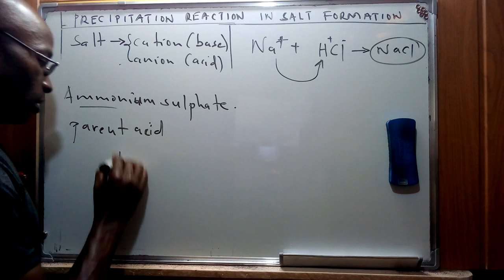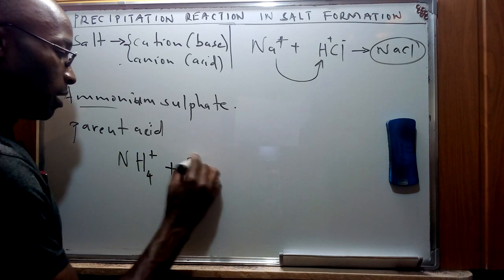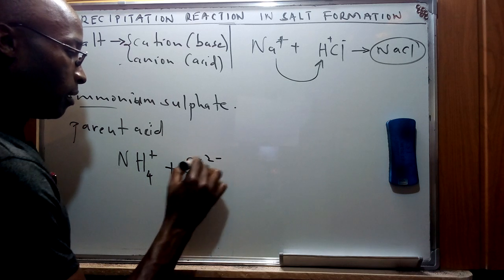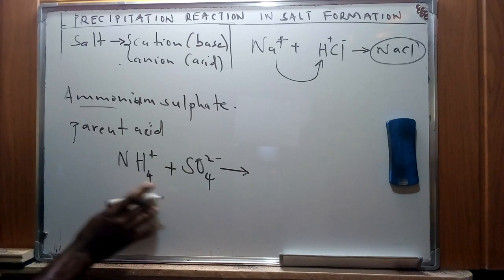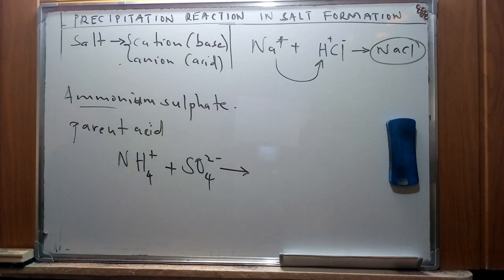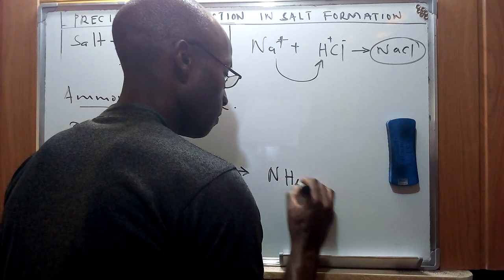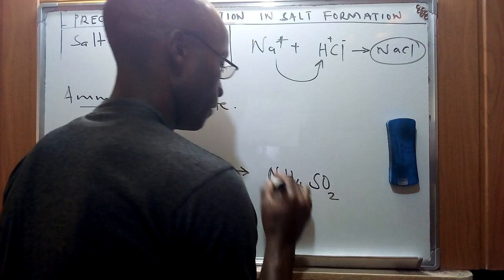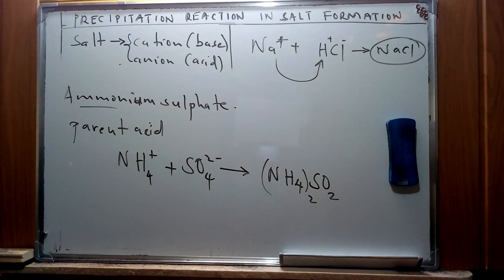This is the ammonium ion combining with a sulfate. This is just an ionic form of that equation, representing the sense that maybe this can be a sulfate, this can be a hydroxide, etc. So it's combining with the sulfate and forming ammonium sulfate.